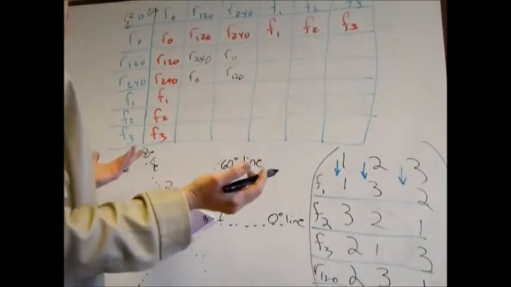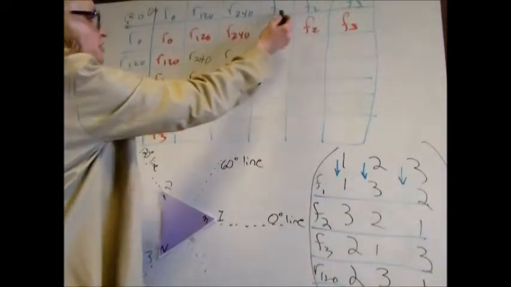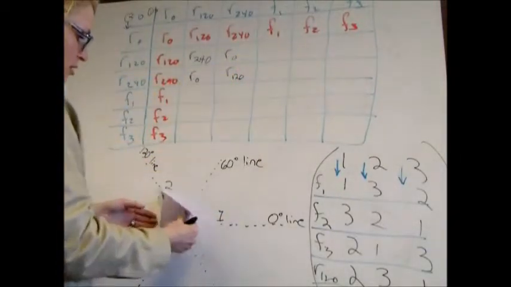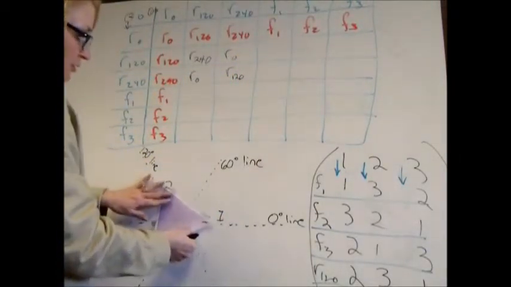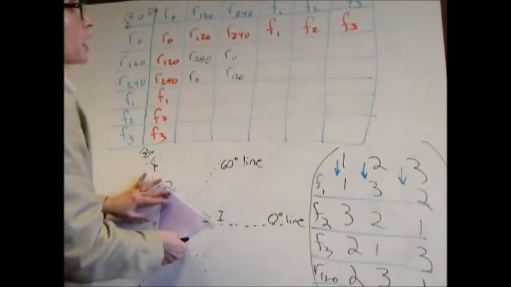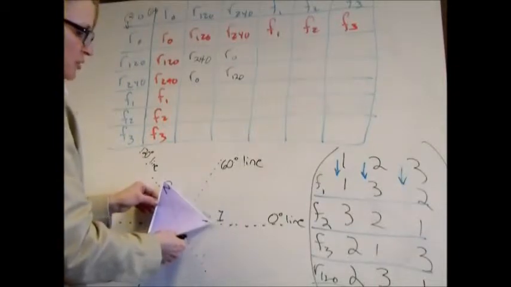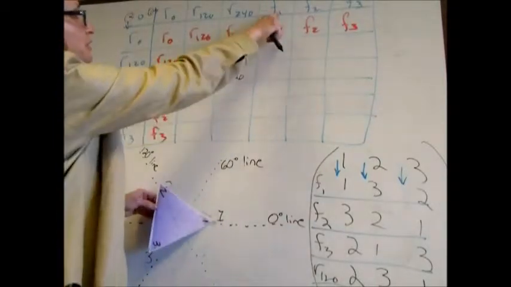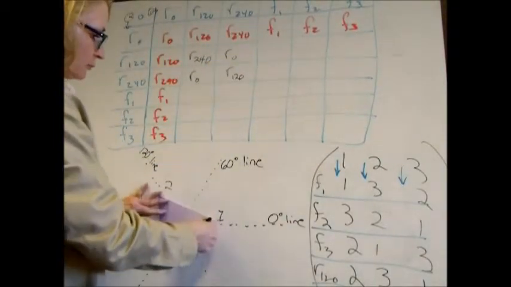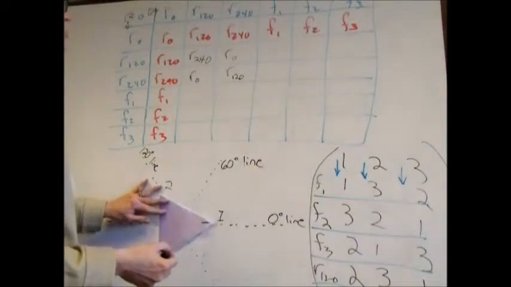Similarly, if I wanted to go through and see what happens if I first, putting back the triangle to the identity now, what happens if I first do a reflection through the 0 degree line? Remember that fixes vertex 1. Then that interchanges vertices 2 and 3.